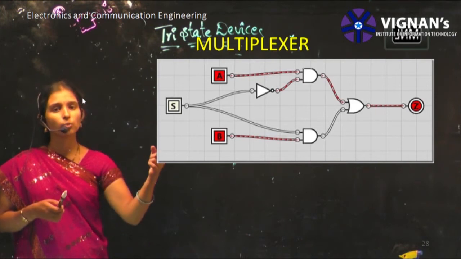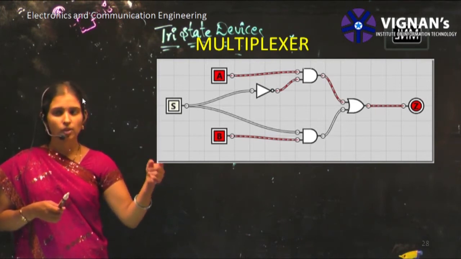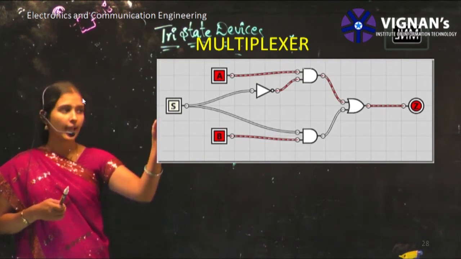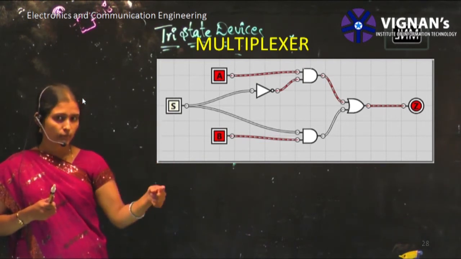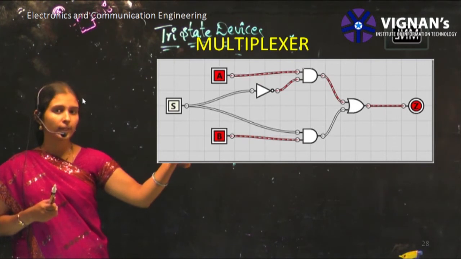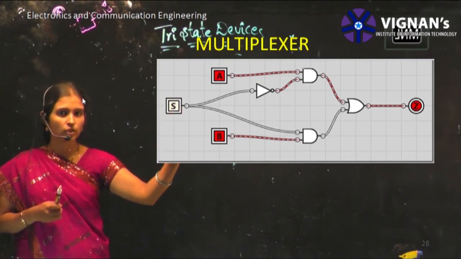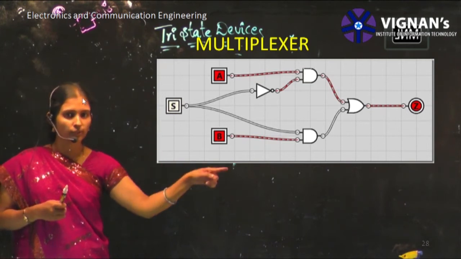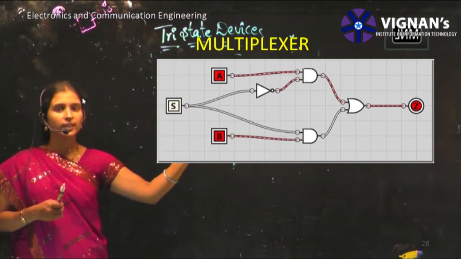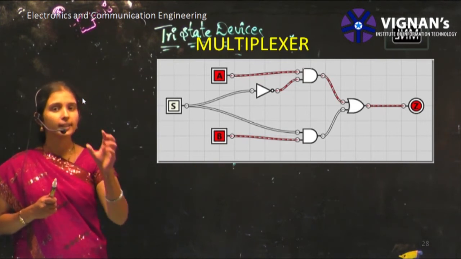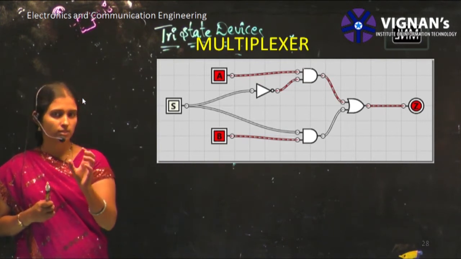The inverter output will be 1. A is providing 1, as well as this inverter output will be 1. That means the first AND gate will be in on condition, both are 1, so output will be 1. That 1 will be given as an input to the OR gate, so output will be 1. So here it depends upon your selection input.